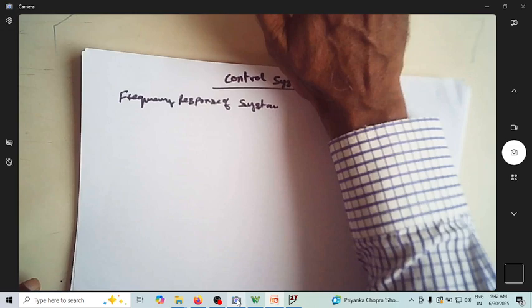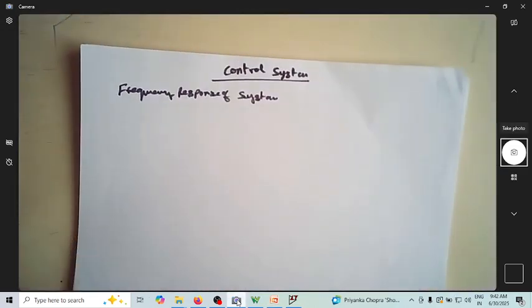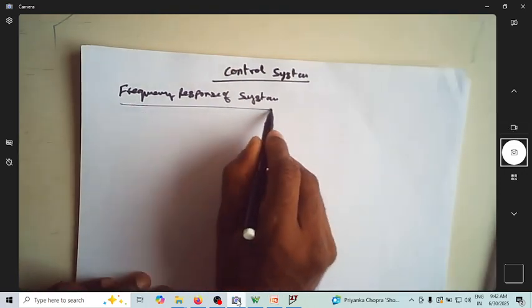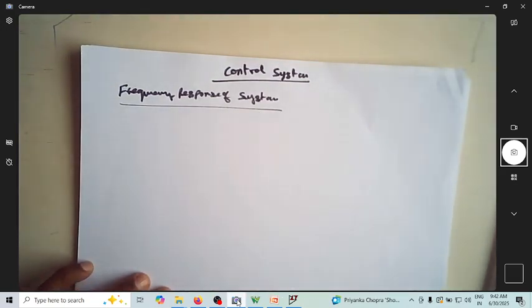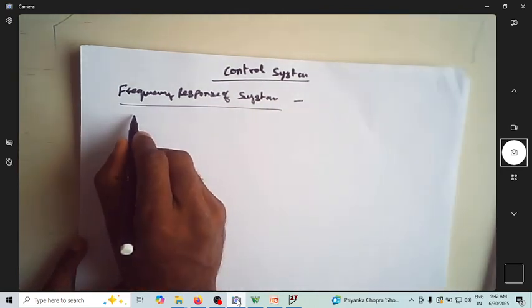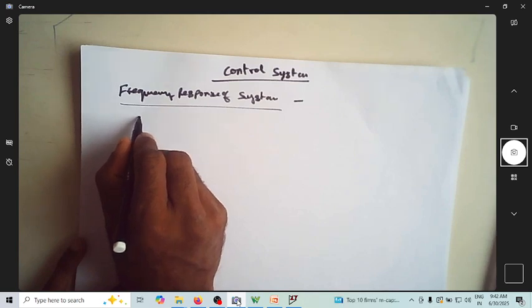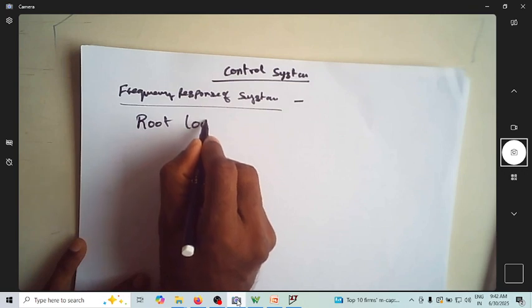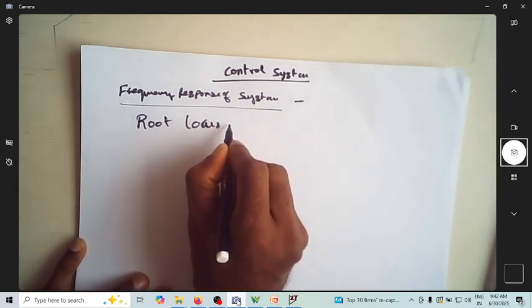start the discussion. In a control system, we know that there is something called the frequency response of the system, which is typically used to find the stability of the system. We also have another technique called root locus, again to find the stability of the system.